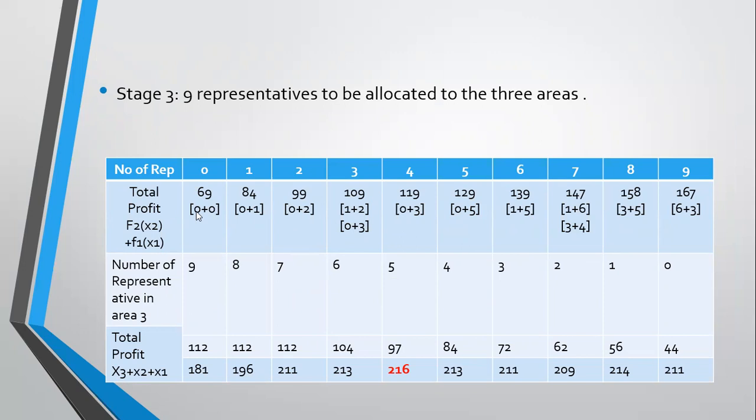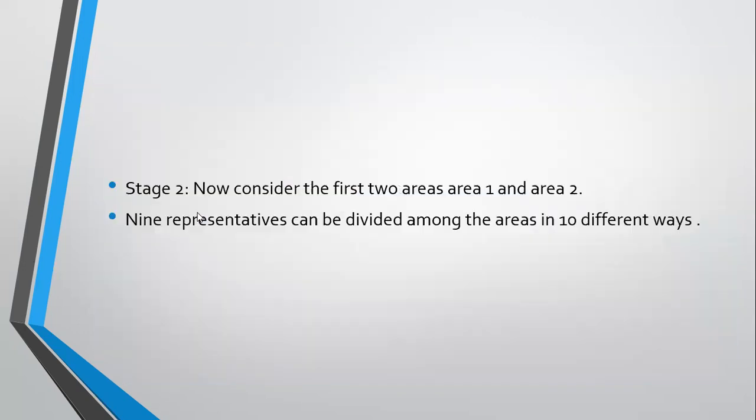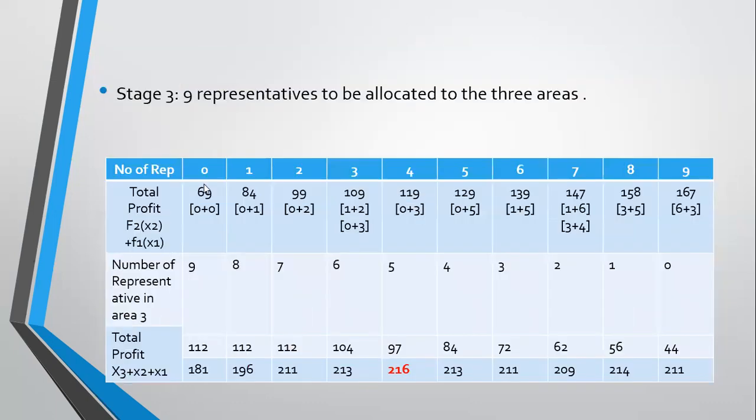How do I get this number, 0 plus 0? It means area 1 has 0 sales representatives and area 2 has 0 sales representatives. If I add, I get this maximum total profit cost. That is the meaning we can understand for the remaining columns.